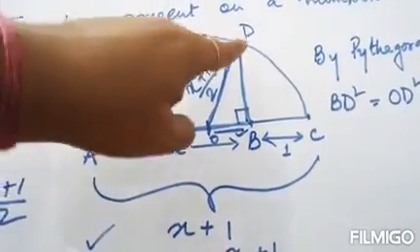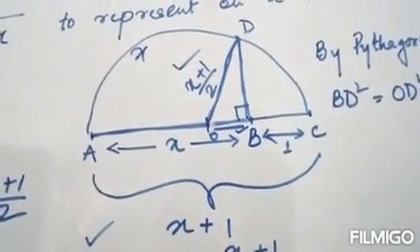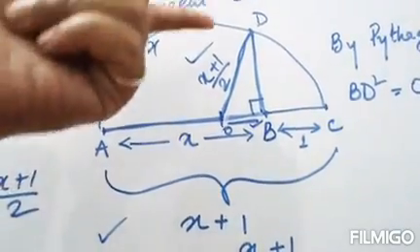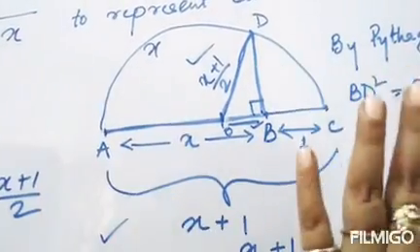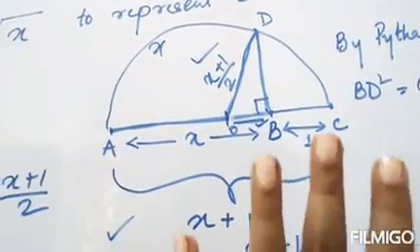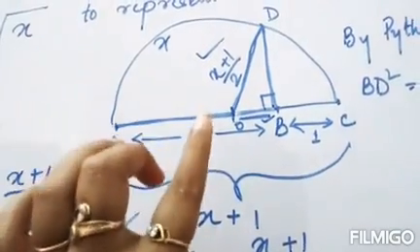If I consider this as a right angle triangle, then I can apply Pythagoras theorem on it. And this one is the radius. We have considered the whole thing as a diameter, x plus 1, so (x plus 1) by 2 is the radius of the circle.